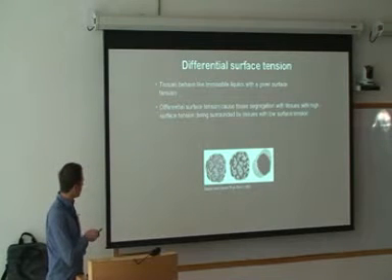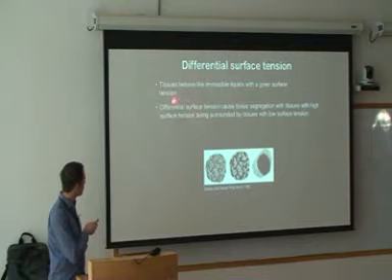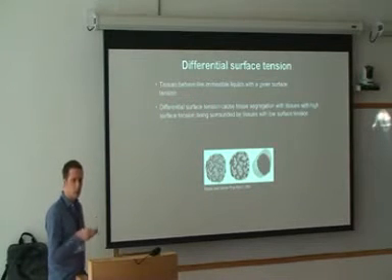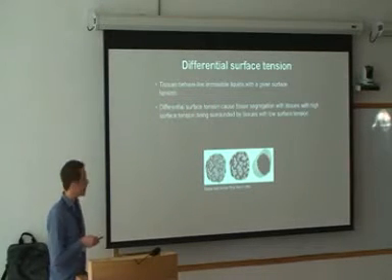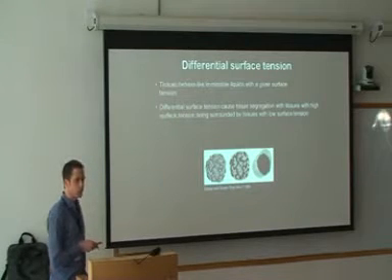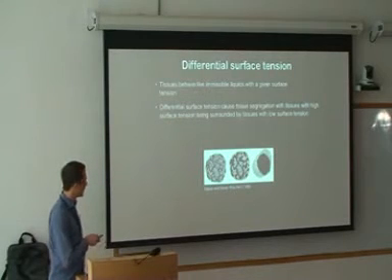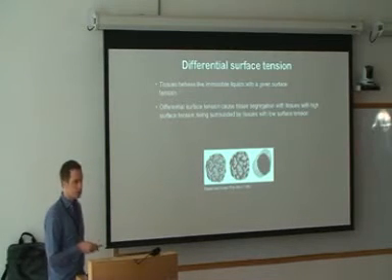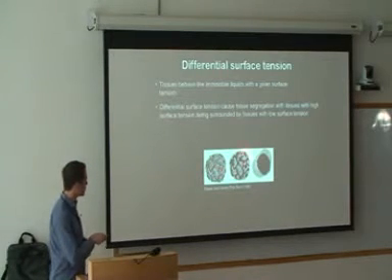And basically what Steinberg has proposed, and this is really an old hypothesis, is that differences in surface tension between tissues trigger the segregation of cell types and the spatial organization of these different homotypic clusters. And basically the black cells in the simulation, which was done by Glazier and Graner using their cellular Potts model, form a tissue which has a higher surface tension, and the white cells form a tissue which has a lower surface tension.